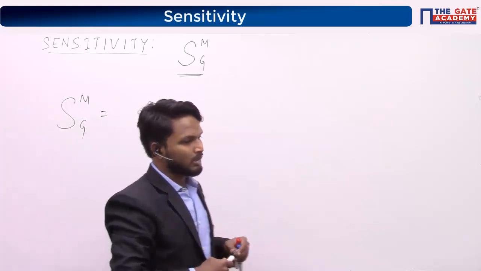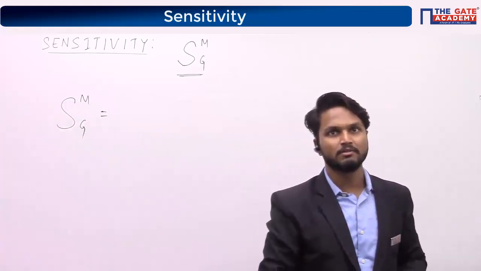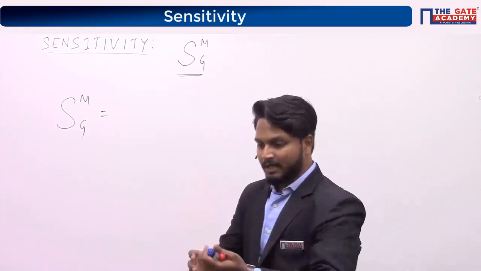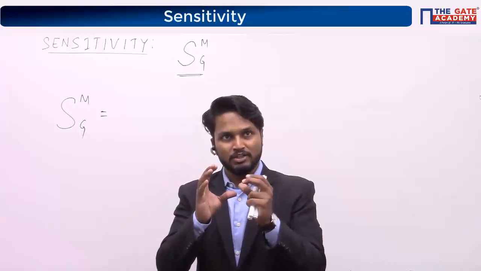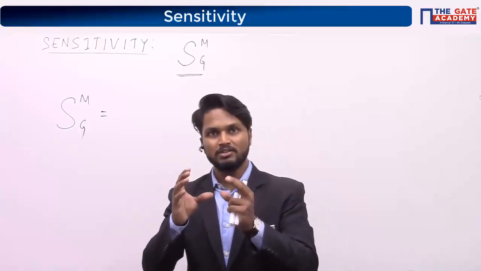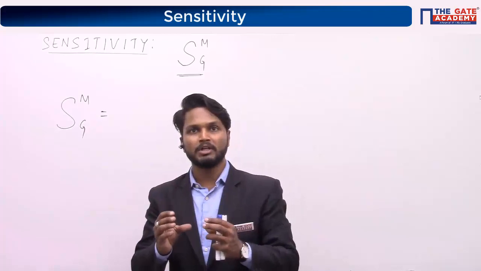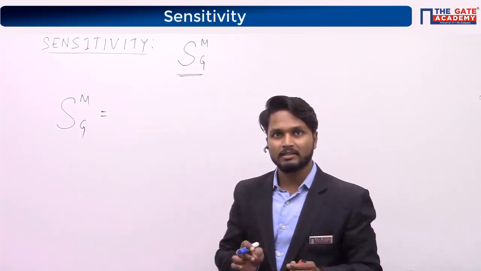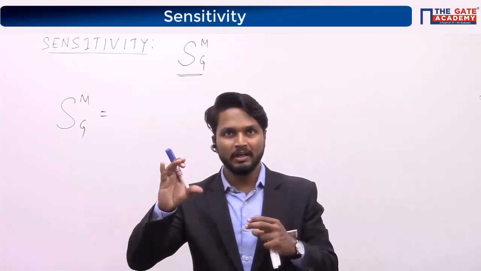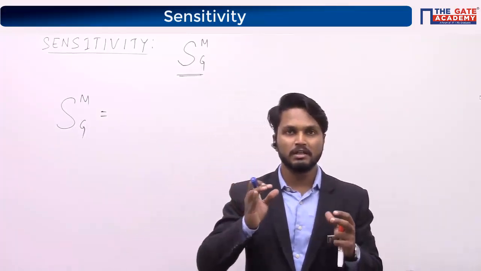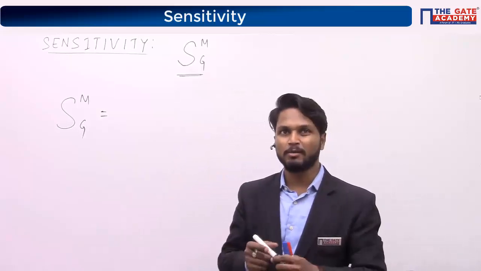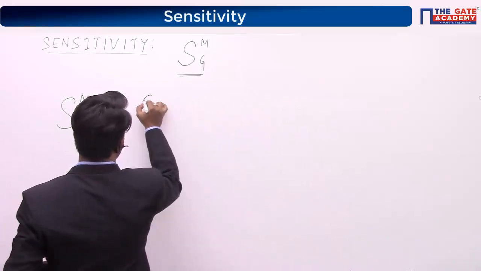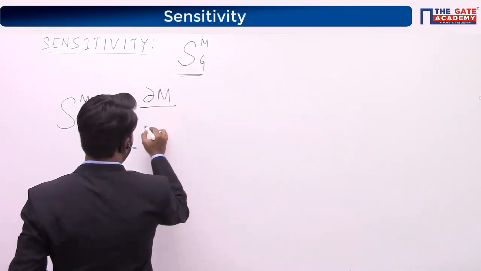So I'll tell you, there is a formula we'll get for this sensitivity. See here, sensitivity is defined as the per unit change in M with respect to per unit change in G. Change in M is expressed as the differential of M, partial derivative of M actually.